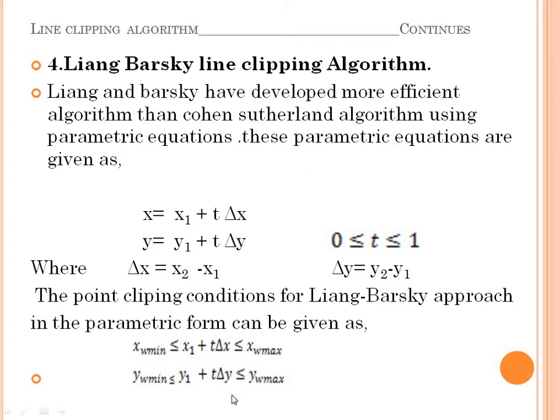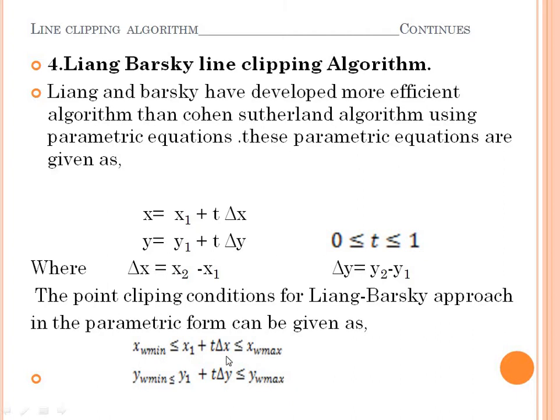In this Liang-Barsky line clipping algorithm, these two inequalities are used, and here we replace x and y, that is x is equal to x1 plus t into delta x and y is equal to y1 plus t into delta y. Point clipping uses the two inequalities, xw minimum is less than or equal to x is less than or equal to xw maximum and yw minimum is less than or equal to y is less than or equal to yw maximum.